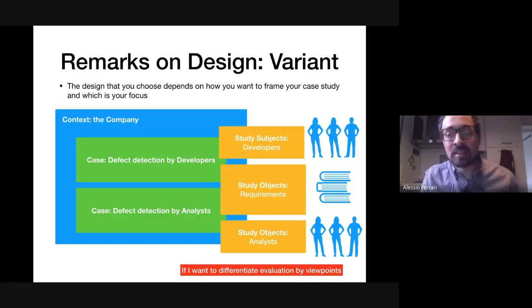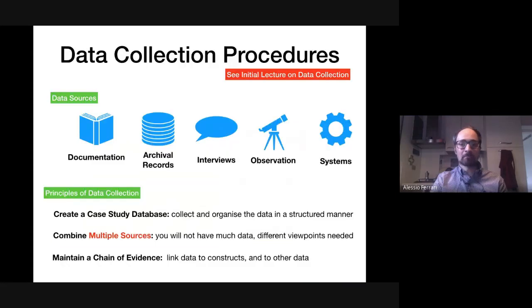Okay, because changing it later on may invalidate many of the data that you collected. So be extremely careful when you set up the design according to the paradigms that we listed. Then you have, of course, after the design, the data collection. We've seen this many times, data collection procedures.